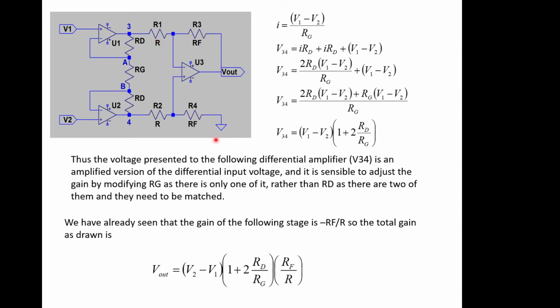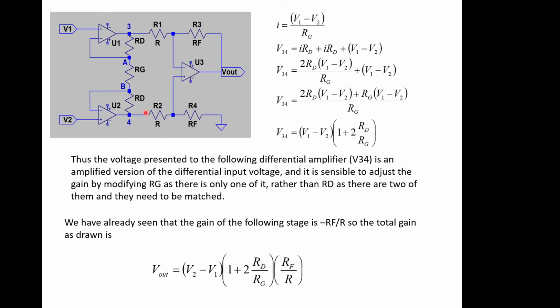So we have a fixed gain stage here, and we vary the size of the signal being presented to it. So we've already seen the gain in the following stages is minus RF over R. So the total gain as drawn will be V2 minus V1, times the gain factor introduced by this new front end, and then we multiply that by RF over R, and there's a minus sign missing in here, just noticed. But the principle still holds.